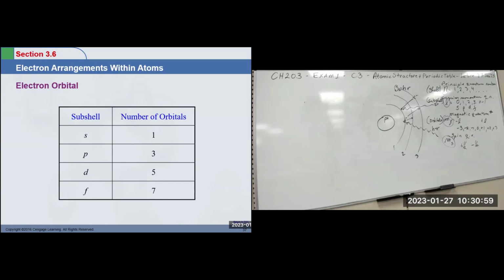F. If L equals 3, which ones fill the F orbitals? These are known as the inner transition metals. They fit right in that slot right there. We pull them out for 2 reasons. One is we don't want our periodic table to cover the whole wall.